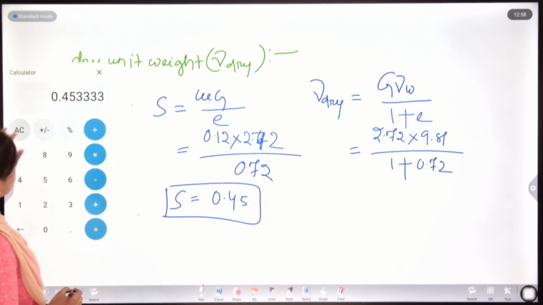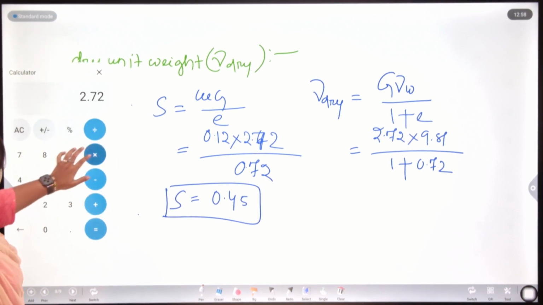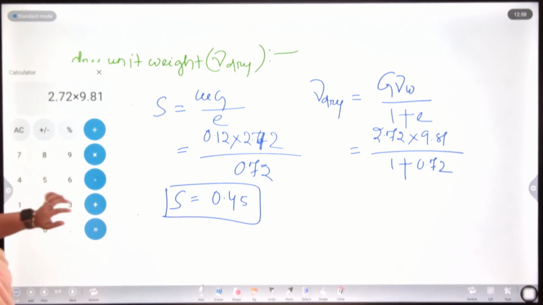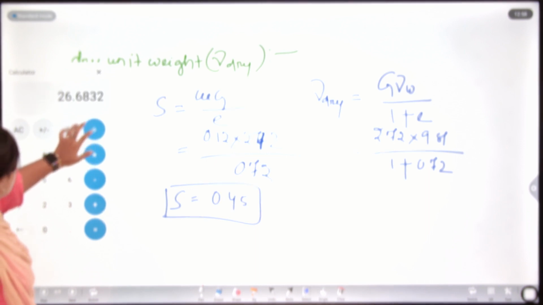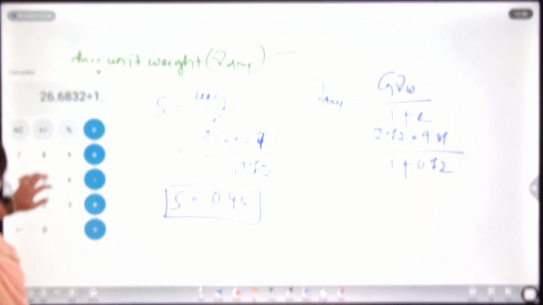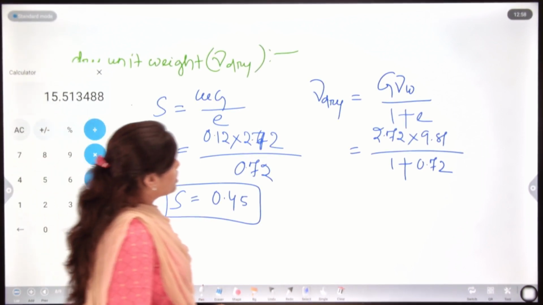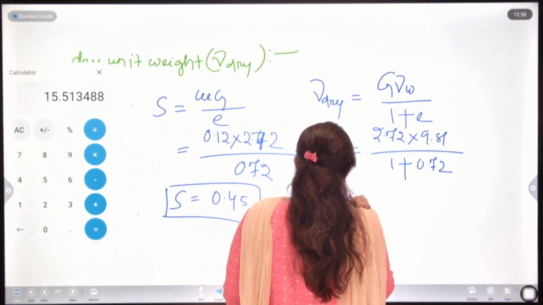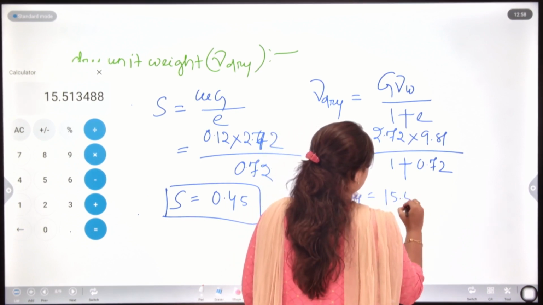By calculating this, 2.72 multiplied with 9.81, that is your gamma W, by 1.72, your gamma dry will be 15.51.